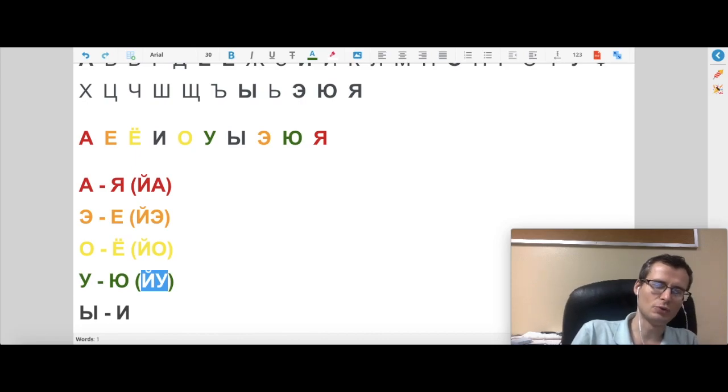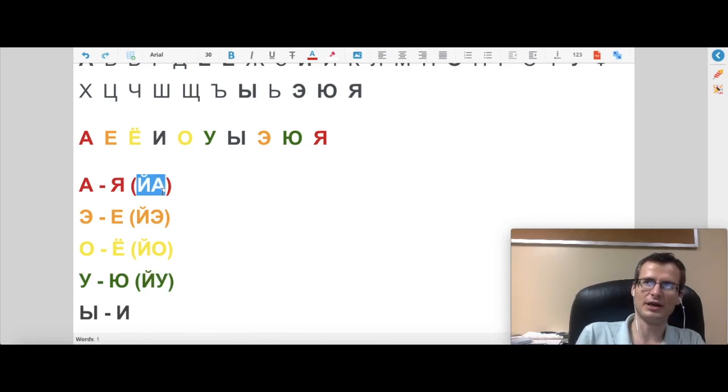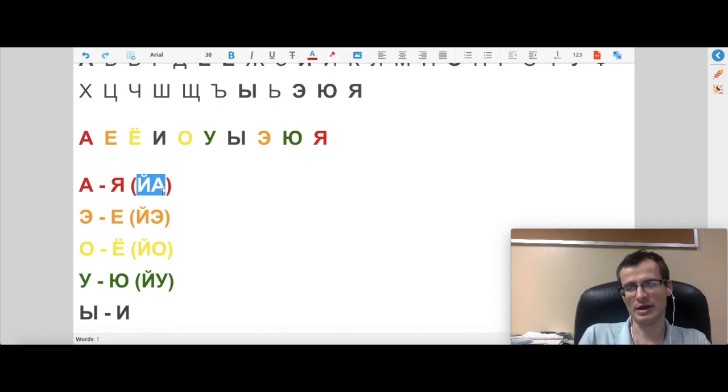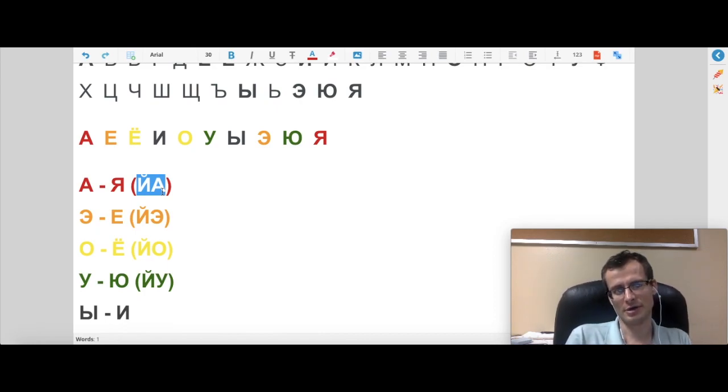Very rarely you will see some diphthongs spelled as two letters, but that only happens for some foreign borrowings from other languages that we borrowed into Russian, where we tried to honor the original spelling. So most typically you'll see it with the y letter.